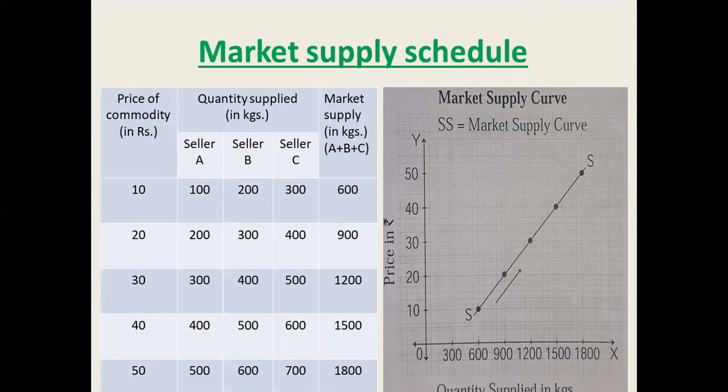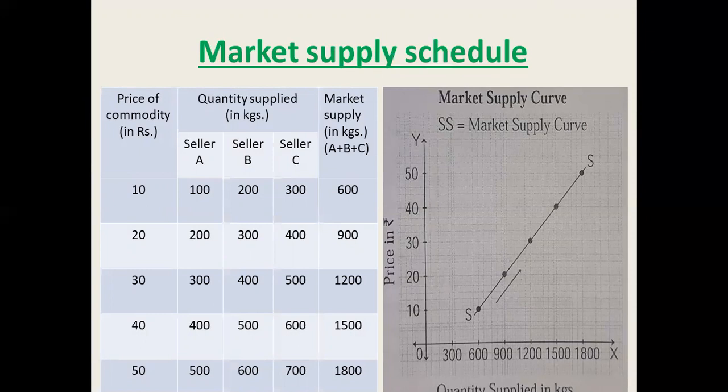We have already selected the three sellers, and these three sellers supply different quantities of a commodity. The next column is the market supply, meaning A plus B plus C. So this schedule explains the relationship between price and supply. It's a direct relationship. Now we convert the market supply schedule into a graphical representation.